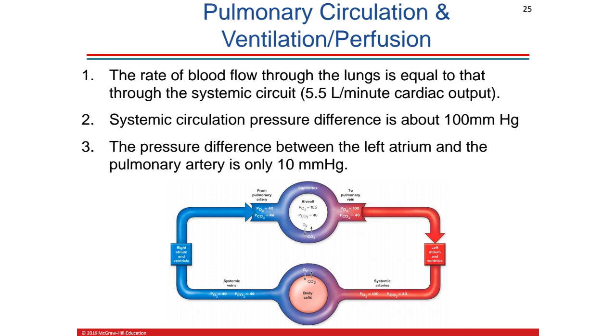So the pulmonary circuit has about a 10-fold lower resistance to the flow of blood compared to the systemic circulation. So we can refer to the pulmonary circuit as being a low pressure circuit. It's about 1/10 of the pressure of the systemic circuit. And it's also a low resistance circuit. It has a resistance to blood flow that's about 1/10 that of the systemic circuit.